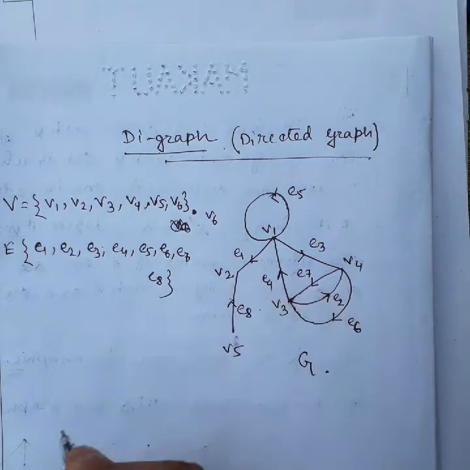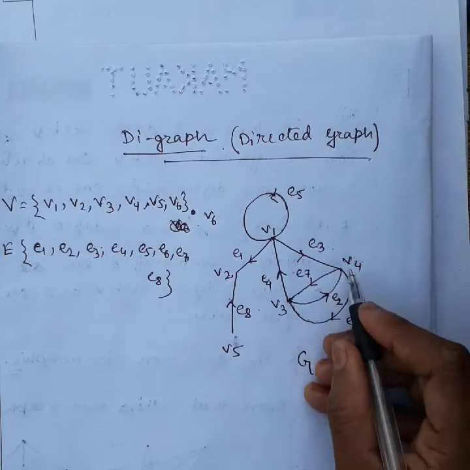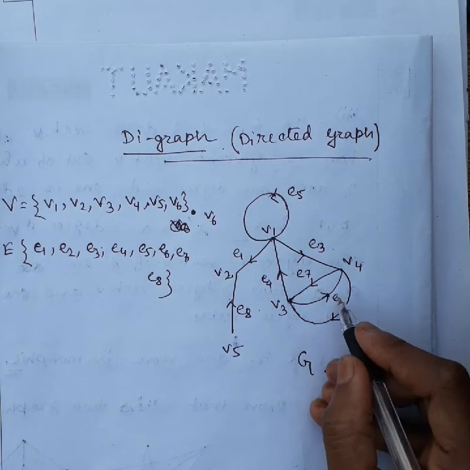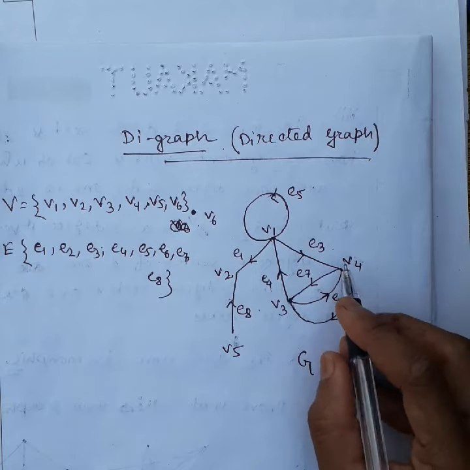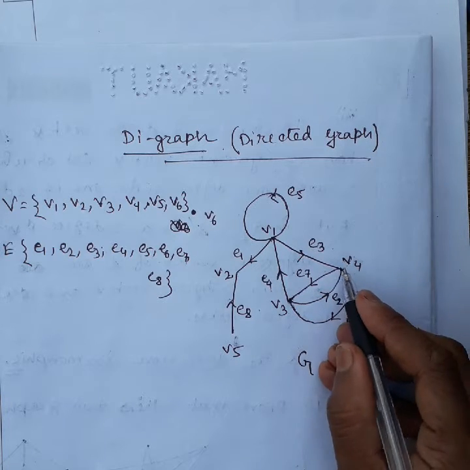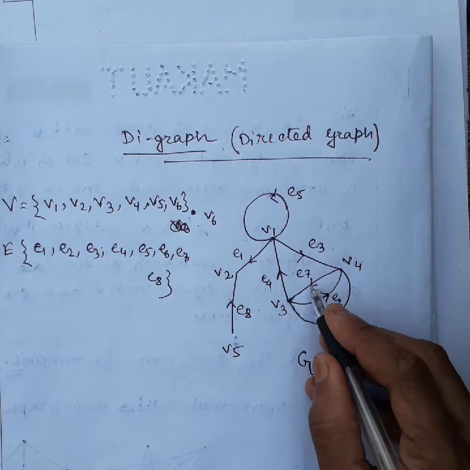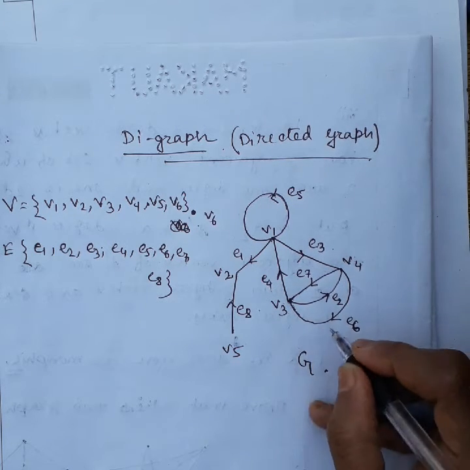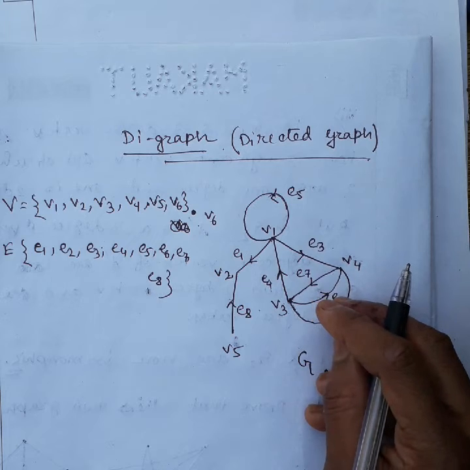Similarly, between V4 and V3 there are 3 edges. E7 and E6 are the ordered pair V4 V3, and V3 V4 is the ordered pair of E2.